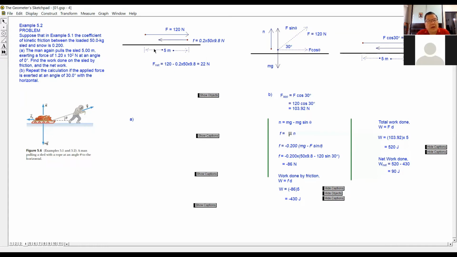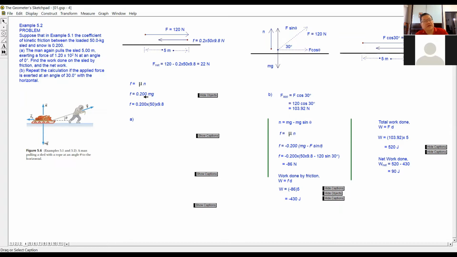Before we can calculate the work done by the friction, you have to calculate the frictional force first. And how much is this frictional force? We know the frictional force is F equals mu N, where mu is the coefficient of friction and N is the normal reaction to the load. They have given us the value of mu, 0.2.